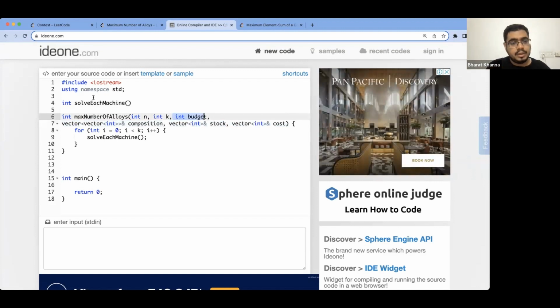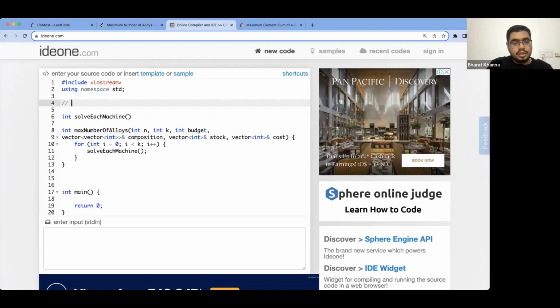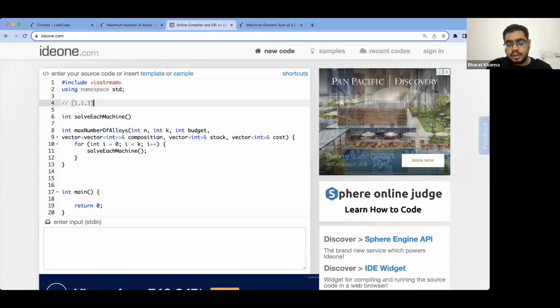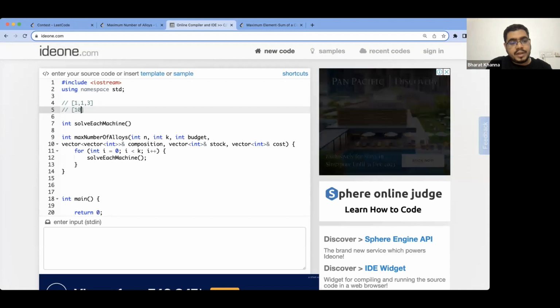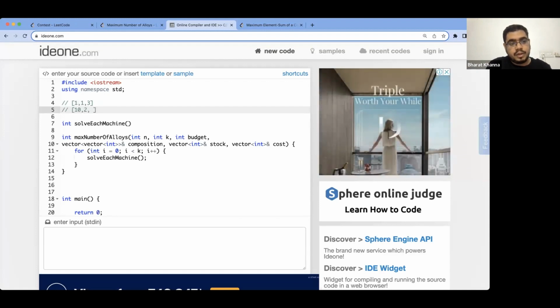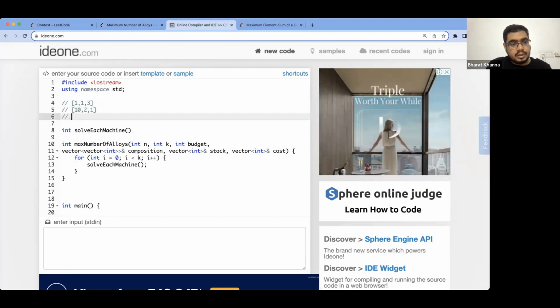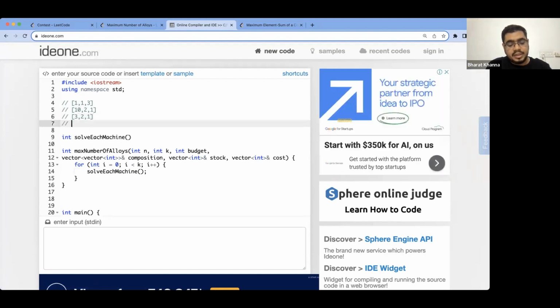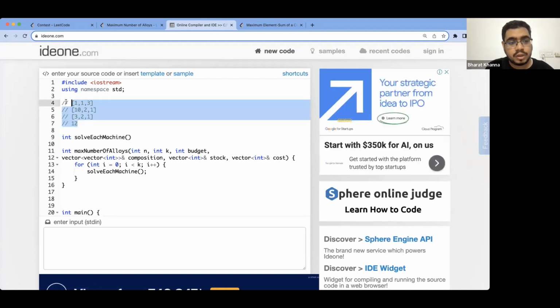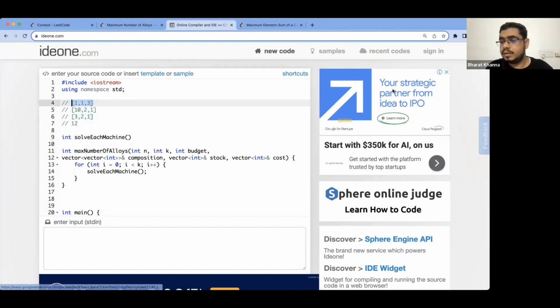So as an example, if one of my machines uses 1 unit of first, 1 unit of second, and 3 units of third, I'm worried about this. I'm not worried about the other machines, right? Then let's say I already have 10 units of this, 2 units of this, 1 unit of this. Then let's say cost is given 3, 2, 1, and let's say budget is given 12. So I would need these four things to figure out how many alloys of this type I can make. Yes or no? Everyone agrees?